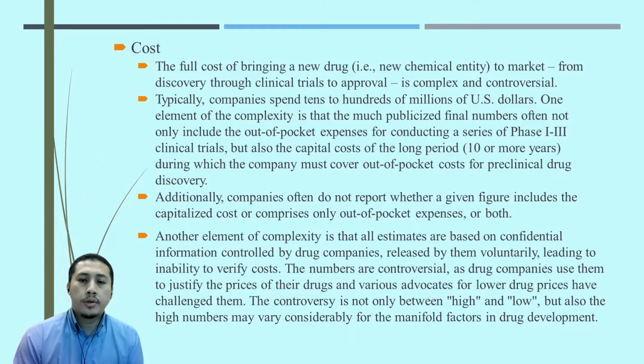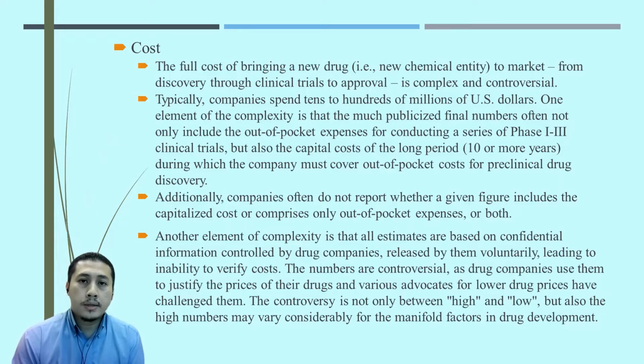Additionally, companies often do not report whether a given figure includes the capitalized cost or comprises only out-of-pocket expenses or both. Another element of complexity is that all estimates are based on confidential information controlled by drug companies, released by them voluntarily, leading to inability to verify costs. The numbers are controversial as drug companies use them to justify the prices of their drugs, and various advocates for lower drug prices have challenged them. The controversy is not only between high and low, but also the high numbers may vary considerably for the manifold factors in drug development.